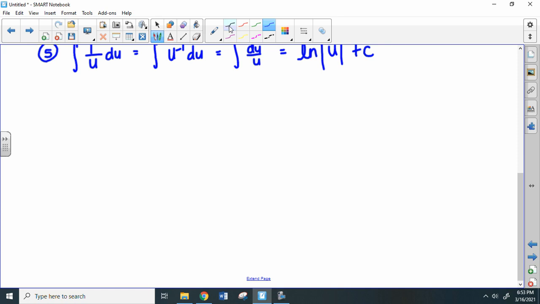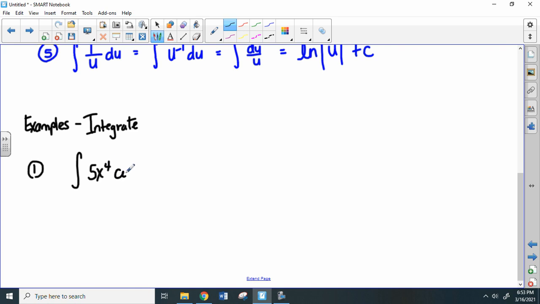All right, so let's actually do some examples. For our examples, I'm going to have you integrate. First example, let's integrate 5x to the 4th times cosine of x to the 5th dx, okay?